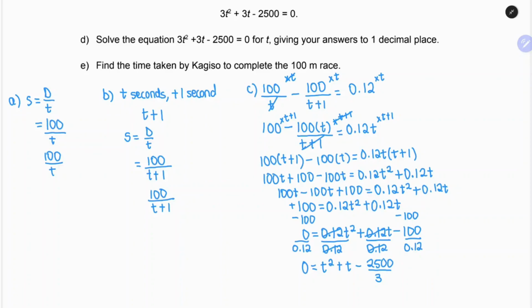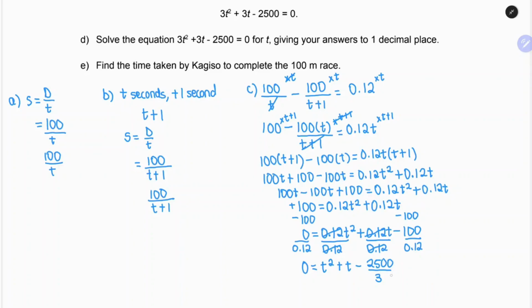So you can try that right now. 100 divided by 0.12, and then you press the ab/c button, and I think that should give you the answer in an improper fraction form. So you would also get 2500 divided by 3.